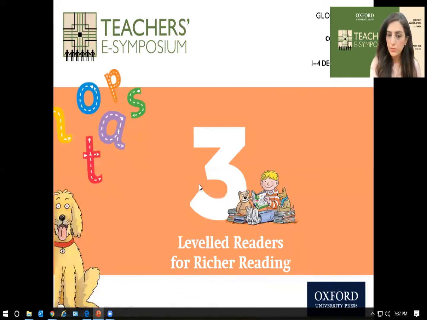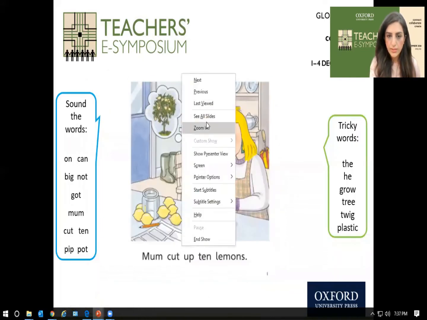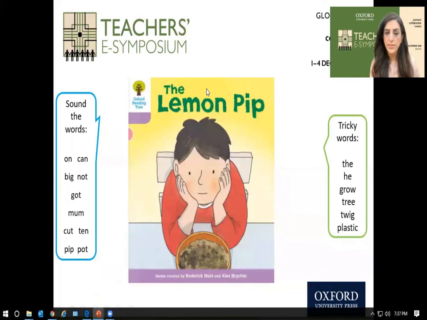Once they've practiced through decodable readers, they move on to level readers for richer reading. And here's what these will look like. So this is from the Biff, Chip, and Kipper stories. This is used in a lot of schools. It's one of the most well-loved strands of the Oxford Reading Tree series.